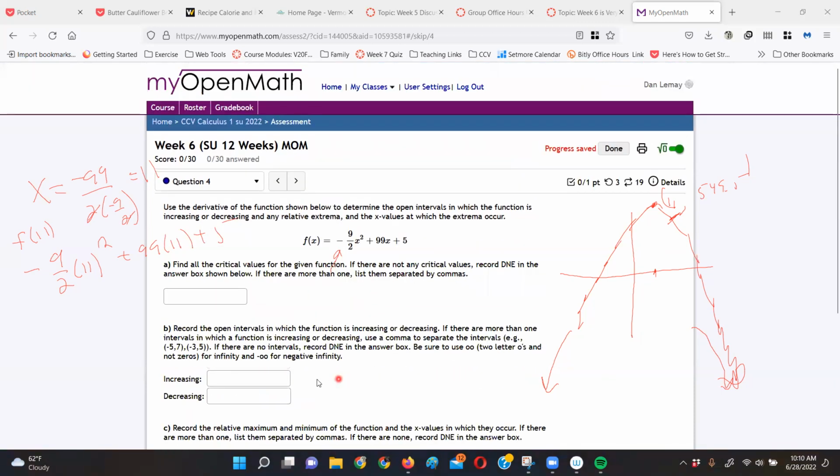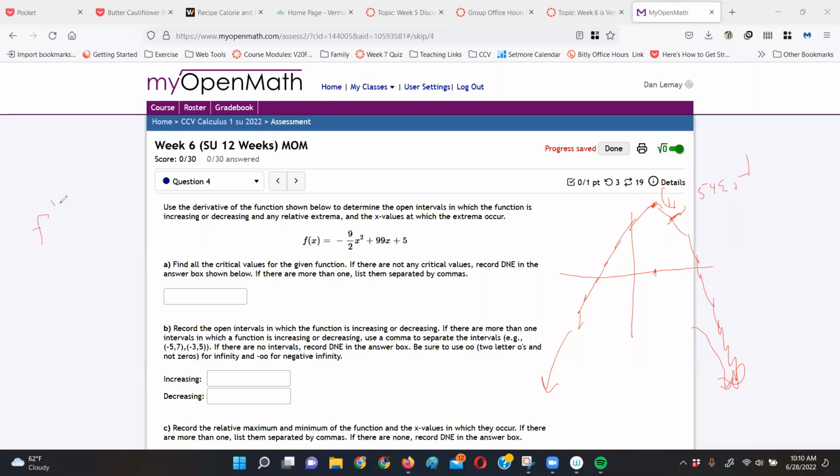Okay, so how do we do this with calculus? Let me erase some of this because I don't want to lose the graph. So what's the derivative of that power function?